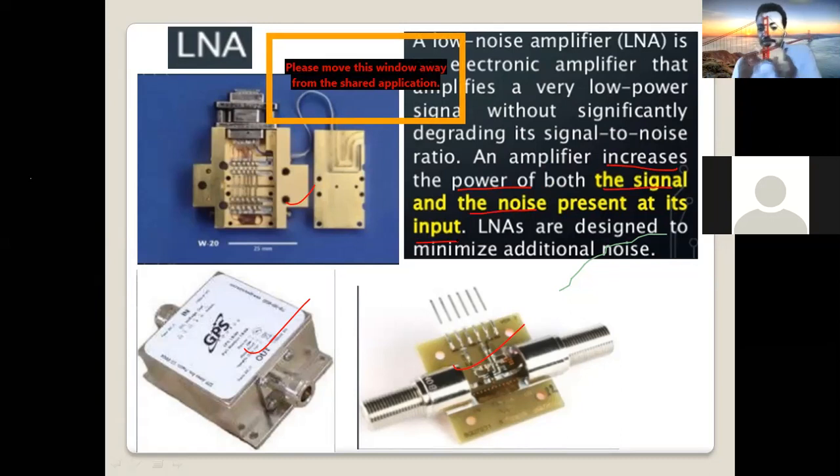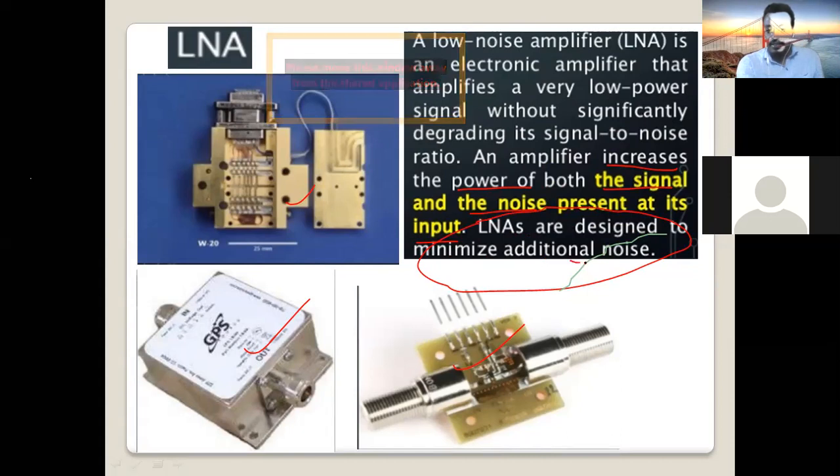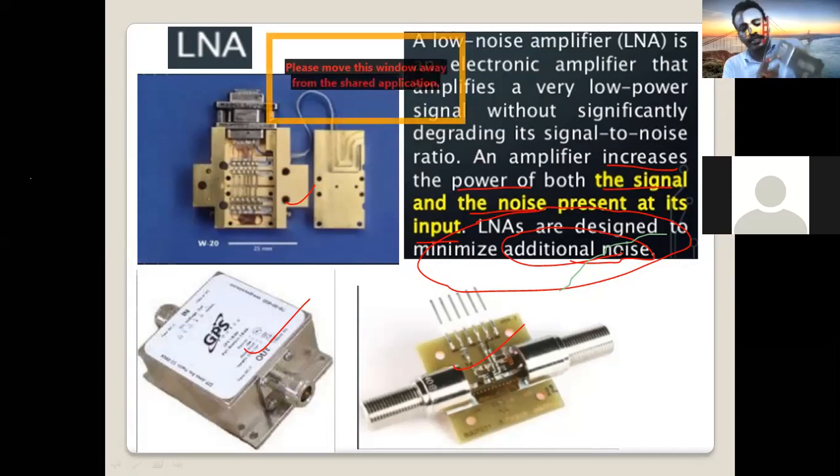But what makes it smart? Here, the last statement says: LNAs are designed to minimize additional noise. You can see the specification here. This low noise amplifier only adds 0.6 dB.